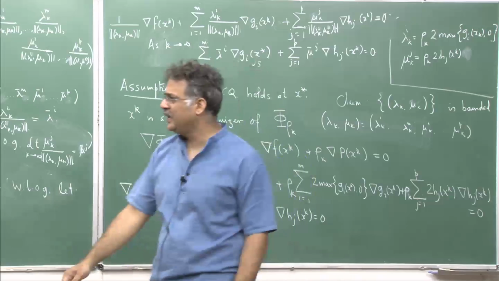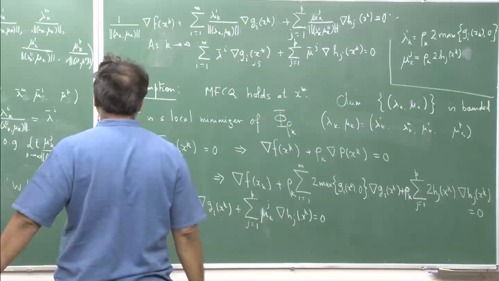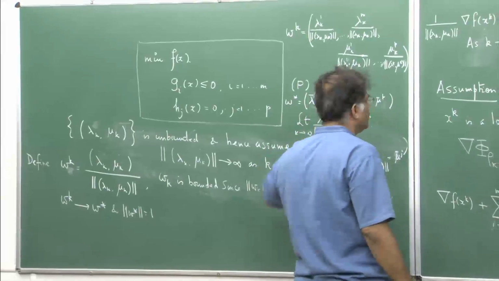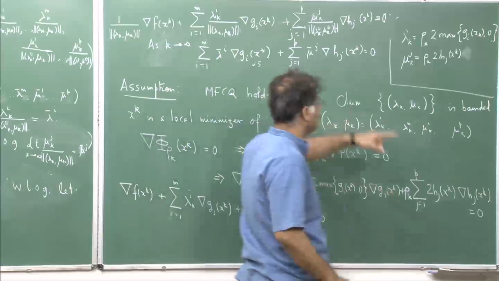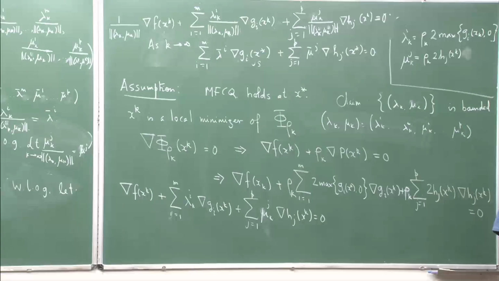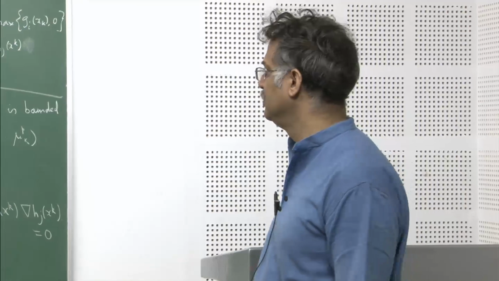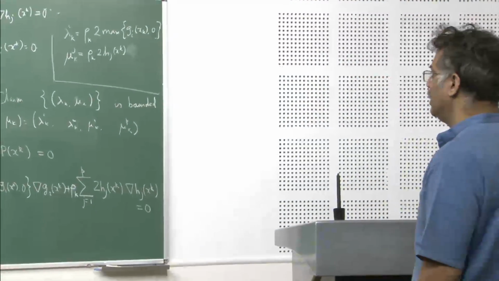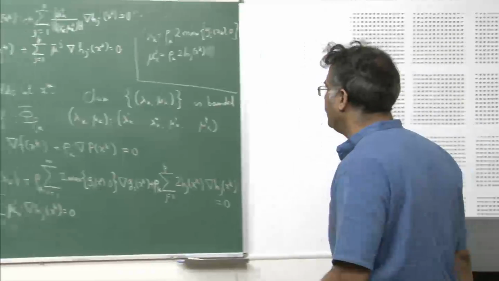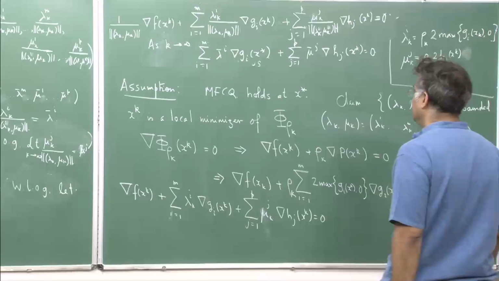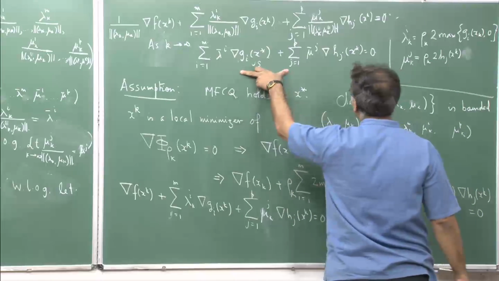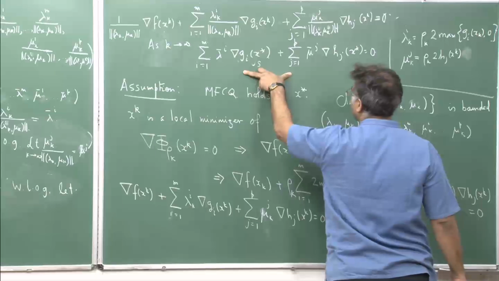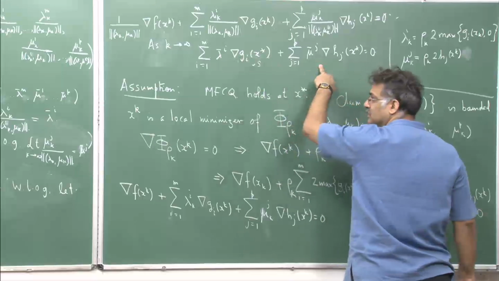Now, you know that this vector w star, which consists of these vectors, is a non-zero vector. So, one among them is non-zero, and that violates the Mangasarian-Fromovitz constraint qualification. So, if MFCQ holds at x star, then this expression cannot hold unless all of these are 0.